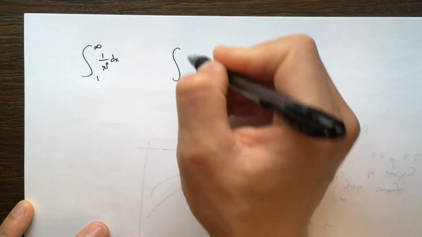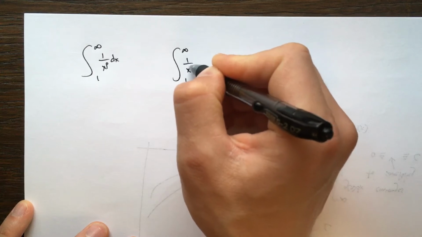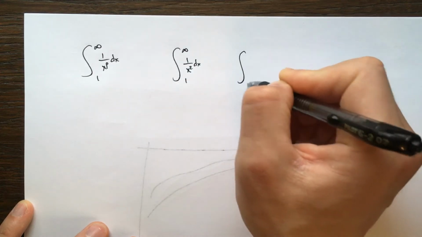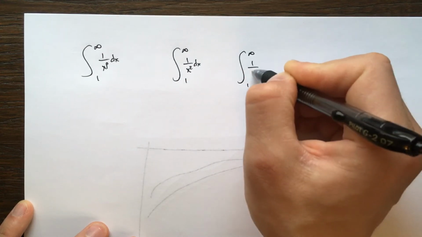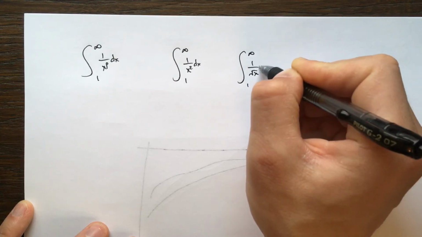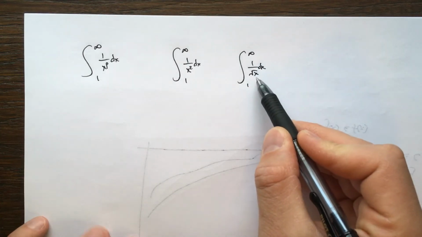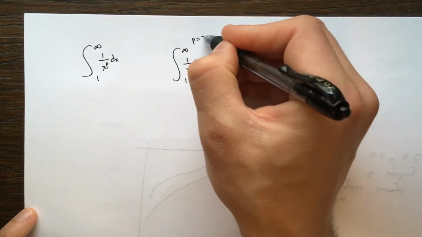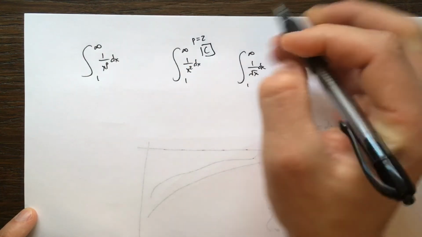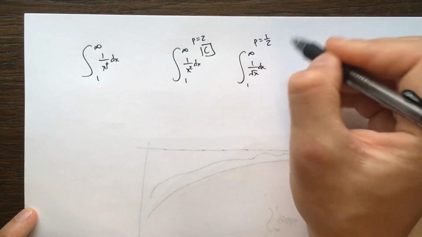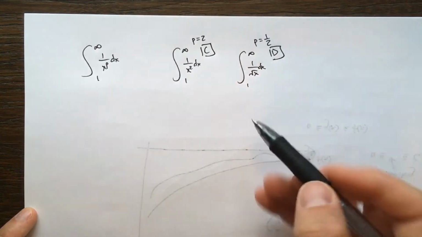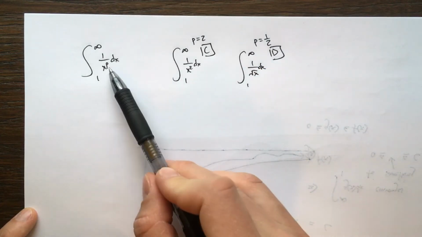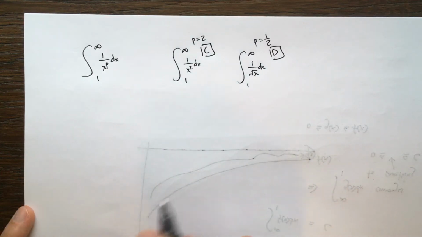We saw the integral from 1 to infinity of 1 over x squared dx. We saw the integral from 1 to infinity of 1 over the square root of x dx, which would be x to the 1/2. So we already saw that for p equals 2, this converged, and for p equals 1/2, this diverged. But we'd like to know for sure for what p values this converges and diverges.